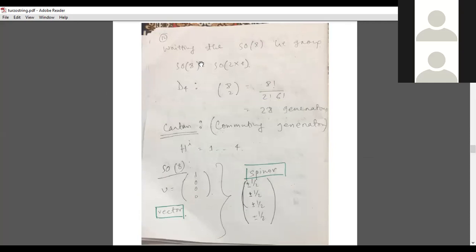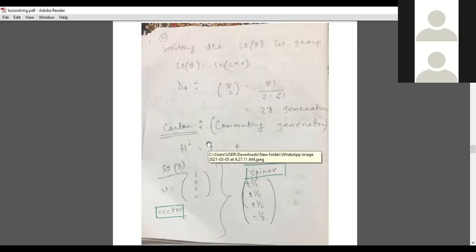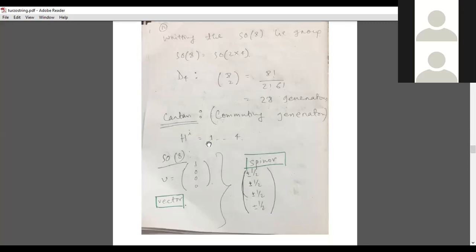Just to let you know that SO(8) has 4 Cartan generators, meaning they commute with each other. Whatever, not quite important. But in SO(8), just like in SO(4), you can have a vector representation or a spinor representation, right? Quite simple, just like SO(4) or SO(3,1).